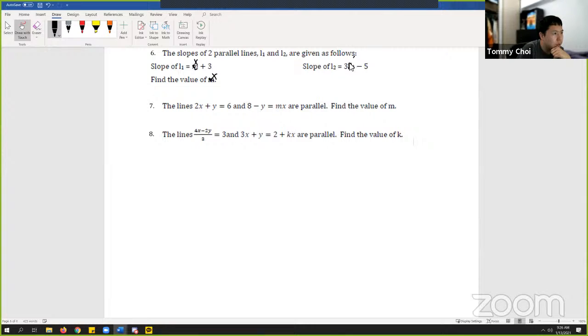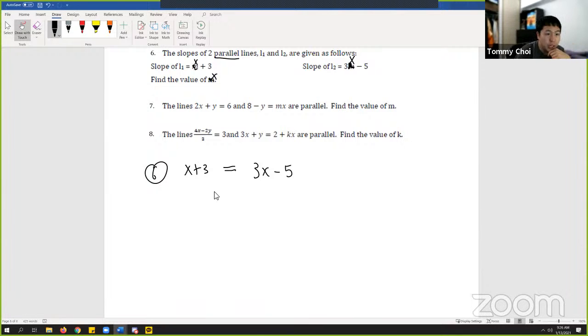Because we do use m specifically for slope. So we're saying the slope of the first one, for question 6, is x plus 3, and the slope of the second is 3x minus 5. And it says it's parallel, which means these two slopes are equal to each other.